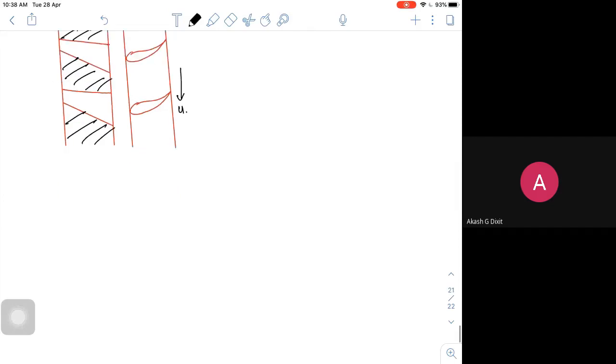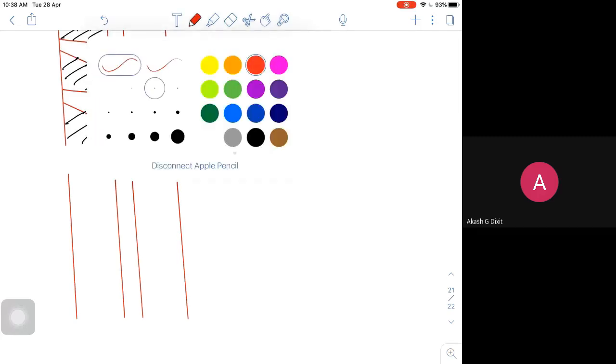Now if I try to look at how my pressure and corresponding velocity vary in this stage. If I take the velocity, what will happen?